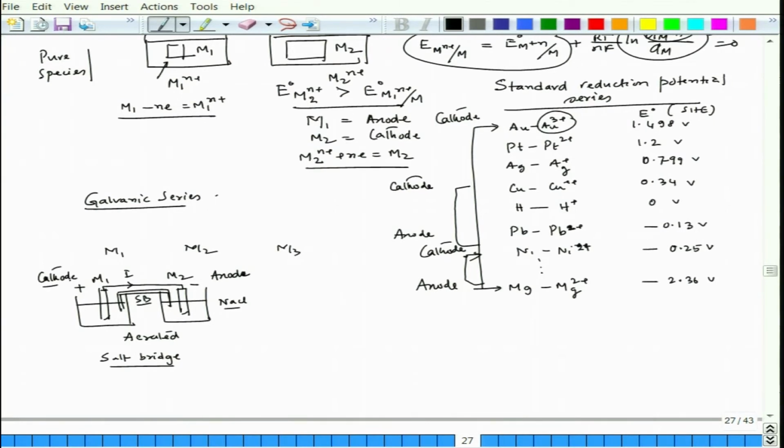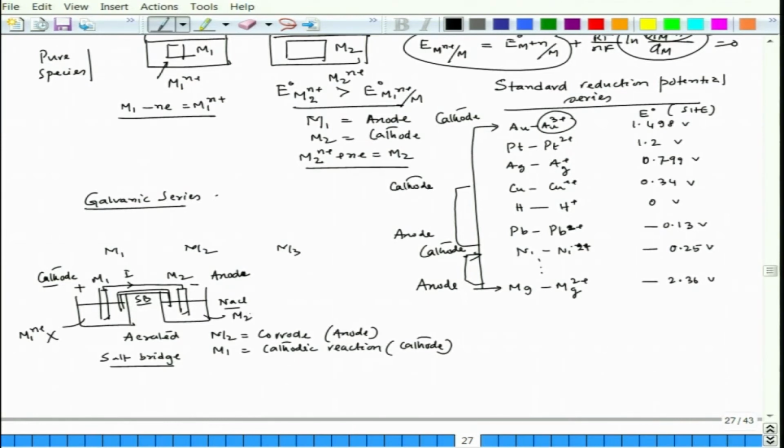Since this is a galvanic situation and the corrosion is taking place, M2 would corrode, this is anode, and M1 would be the surface for the cathodic reaction, cathode.